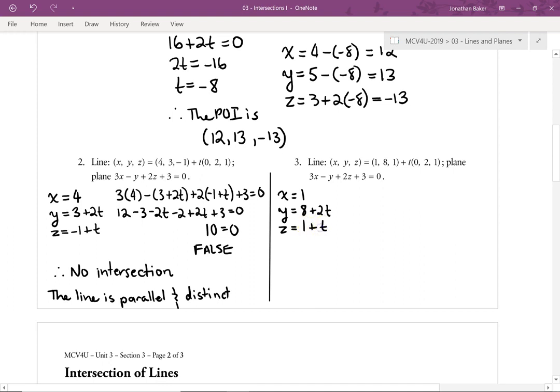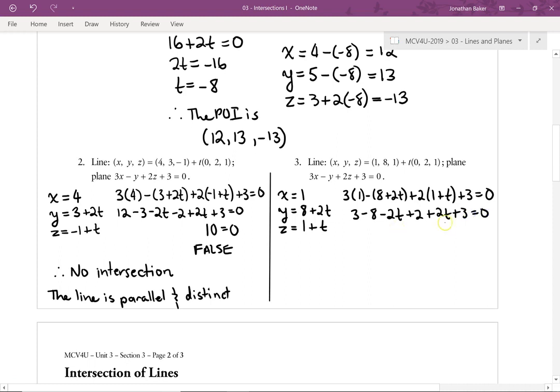Now when we put these in, we get something else. We're going to get 3 times 1 minus 8 plus 2t, plus 2 times 1 plus t, plus 3 equals 0. Okay, and so we get 3 minus 8 minus 2t plus 2 plus 2t plus 3 equals 0.